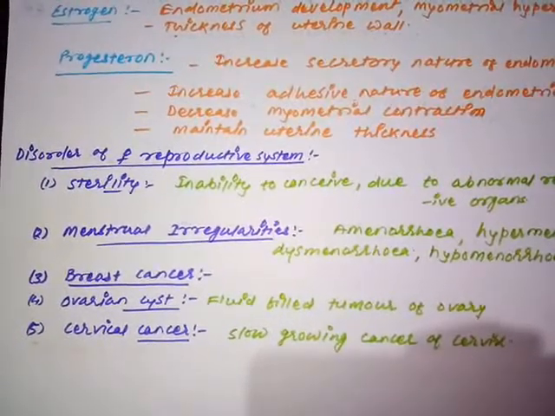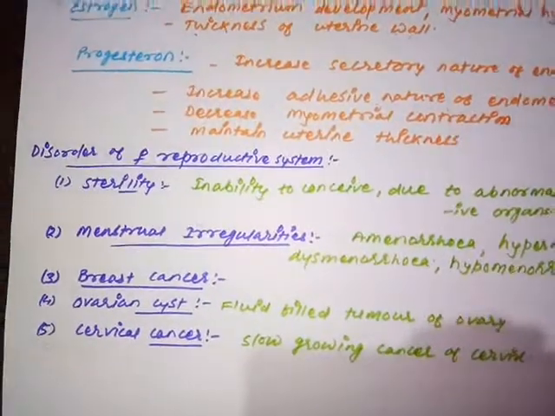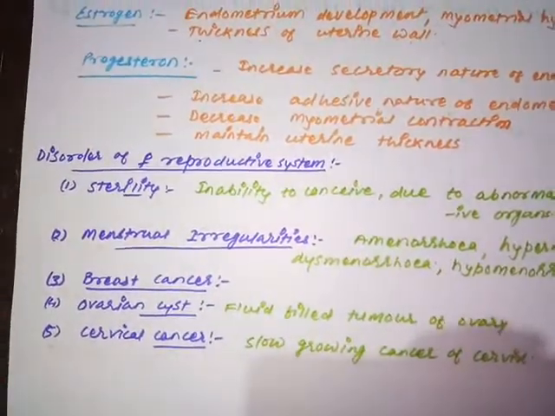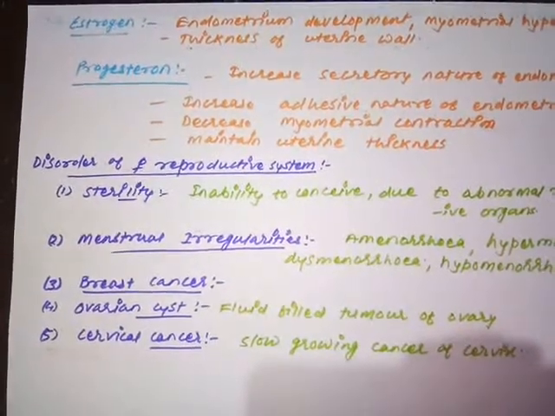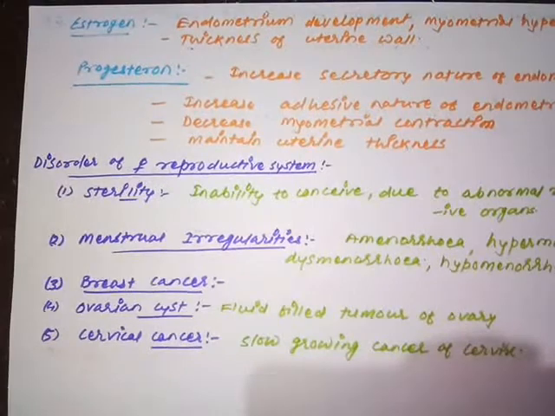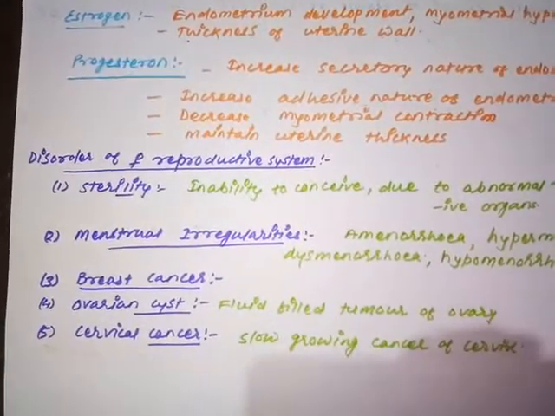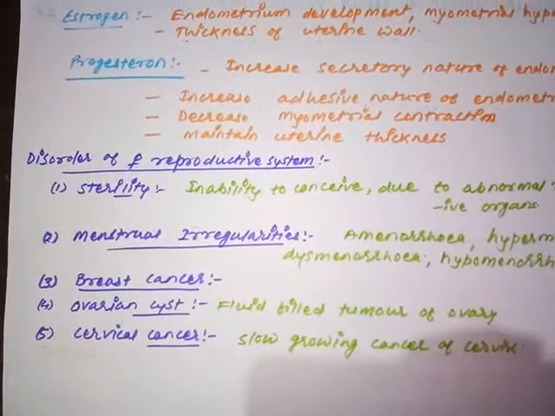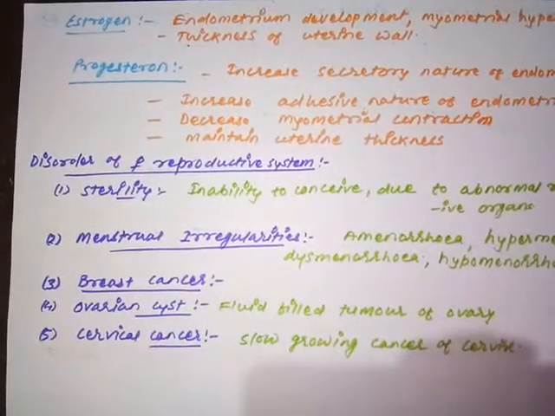Estrogen and progesterone continue the process of follicular development and the development of secondary sexual characters. When they reach the maximum level, if fertilization occurs and the pregnancy is retained, at that time the estrogen acts back on the hypothalamus and stops the release of the hormone. That is called negative regulation.